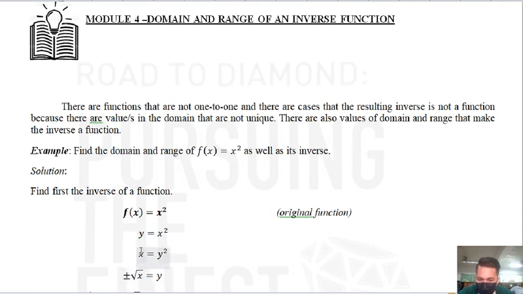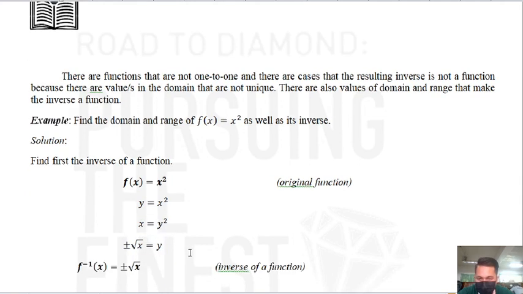Then the square root of x definitely is positive and negative square root of x. So therefore, the inverse function now is, you can change y to f raised to negative 1 of x, or the inverse of x is now equal to positive and negative square root of x. So this is now the inverse function.